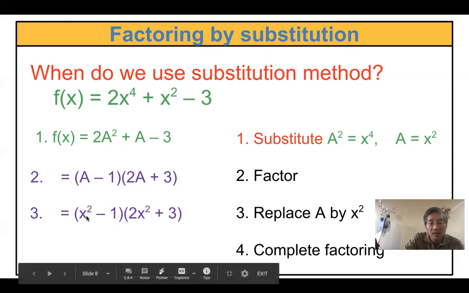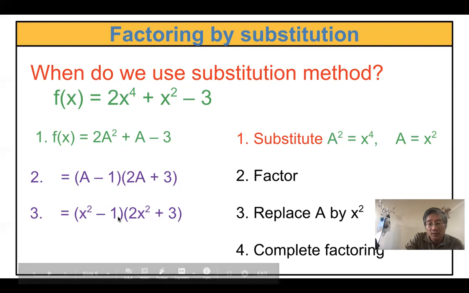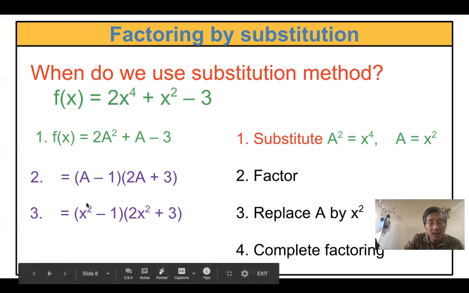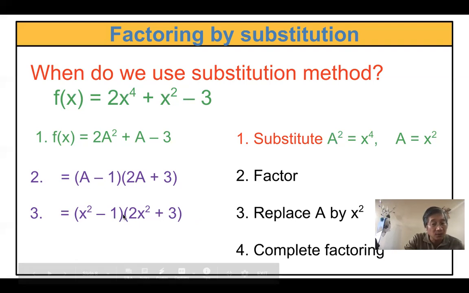But this is x squared minus 1. You can factor, it means you can find the zeros. So which value make x squared equal to 1, right? 1 minus 1 is 0, right? So you understand, you know how to factor this. X squared minus 1 is x squared minus 1 squared, same thing.